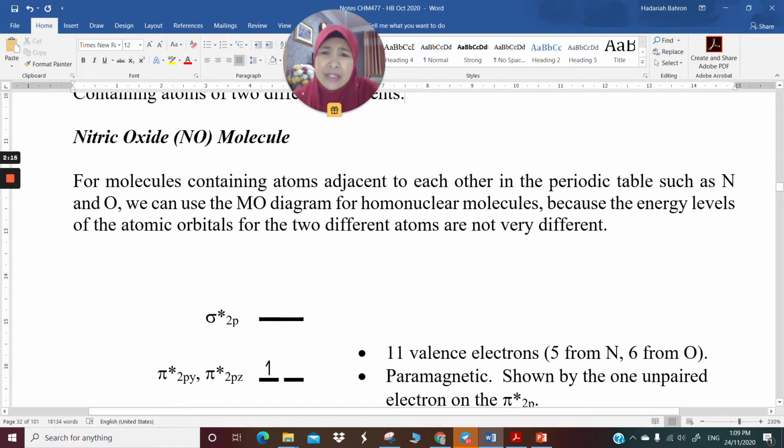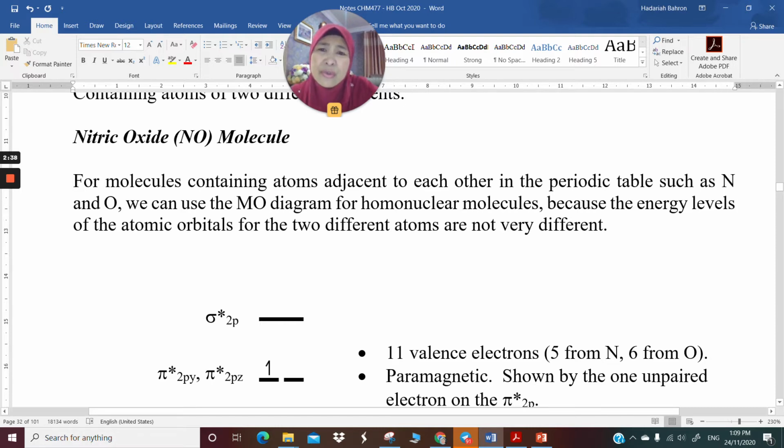Now, for molecules that contain atoms adjacent to each other in the periodic table, such as nitrogen and oxygen, as you can recall, nitrogen is in group 5 and oxygen is in group 6. They're just next to each other.